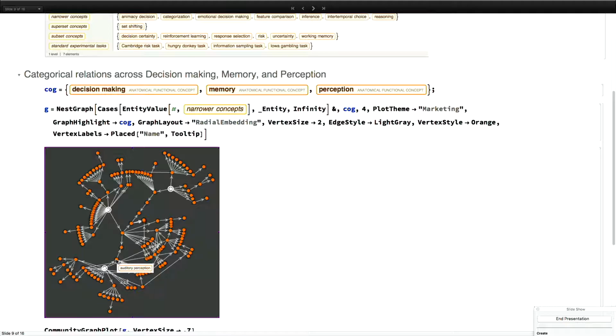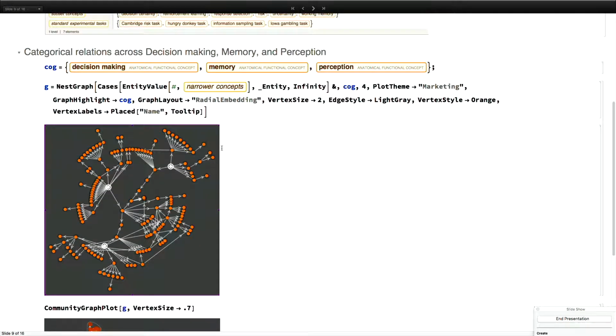Perception, especially auditory perception, and memory recognition meet here for tone recognition, or here for face recognition, and from decision making, social inference meet here for facial trustworthiness recognition.